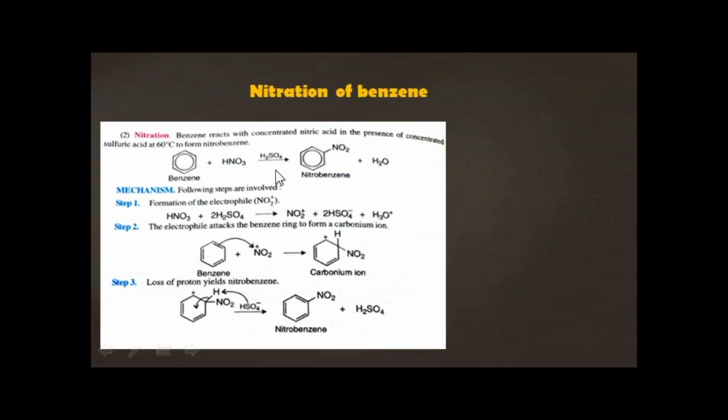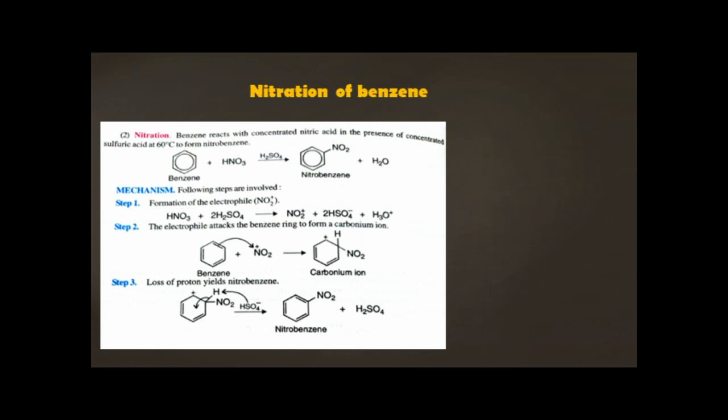When it is heated to 60 degrees centigrade, the substituted product, that is nitrobenzene, is obtained. Here, the nitro group gets substituted at the benzene ring. One of the hydrogen atoms in the benzene ring is replaced by the nitro group, NO2 group, generated from the mixture of concentrated nitric acid and concentrated sulfuric acid.